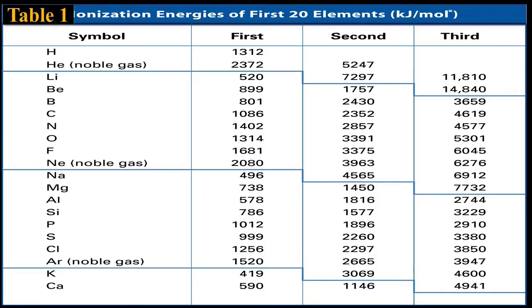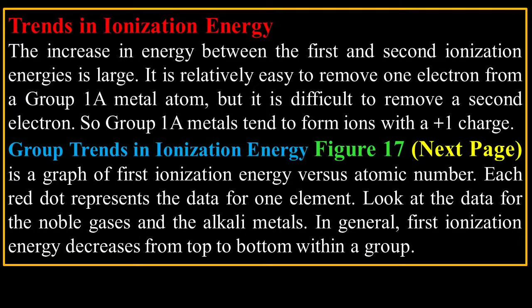Table 1 shows the first, second, and third ionization energies for each of them. Look at the noble gases, how high the first, second, and third ionization energies are for those. And the graph of these will be very telling when you look at the peaks and valleys and the flatter regions of the graphs.